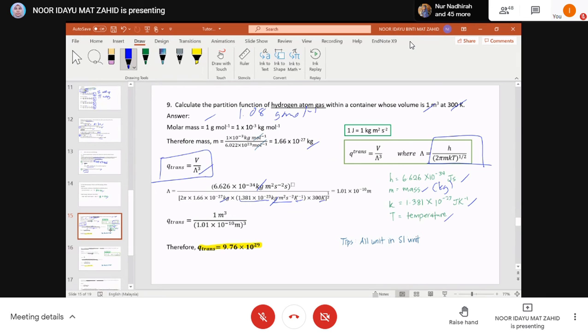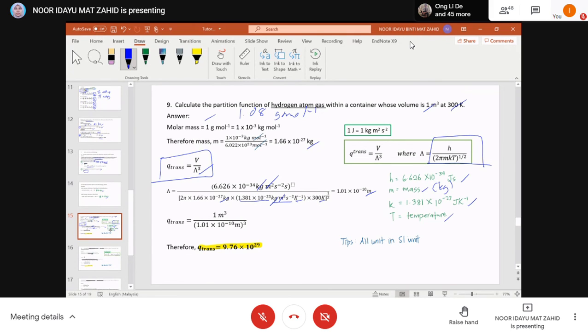M square divide with m square. M square multiply with, not multiply to the power of half, you obtain m square divide with m, that's why you have the unit m, okay?